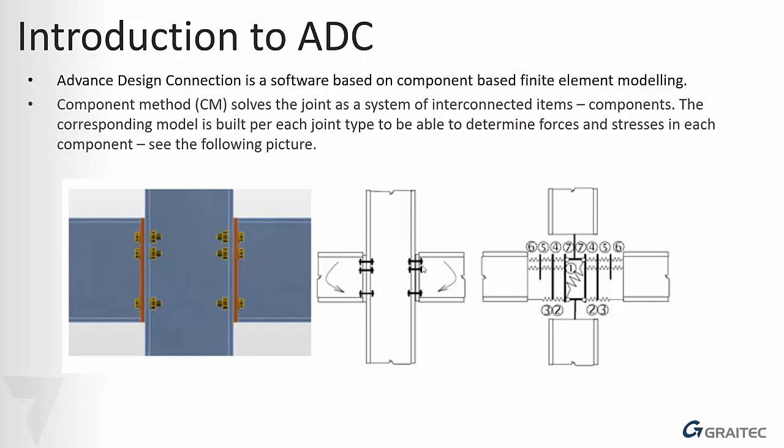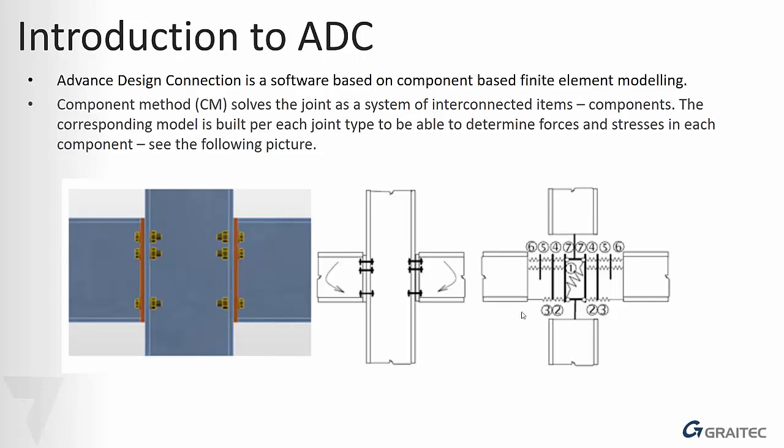For example, here I have shown you the bolts. After that, theoretically, we are transforming these components to finite element plates or finite element members. As you see here, for example, here are bolts. They have been modeled as spring elements.